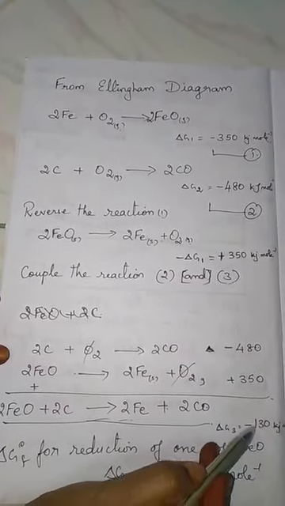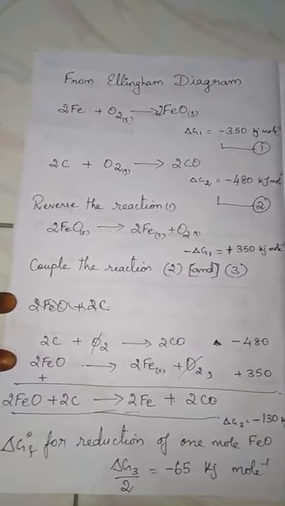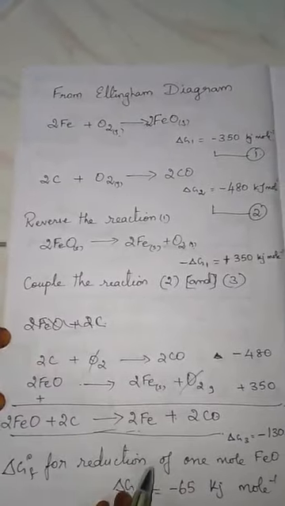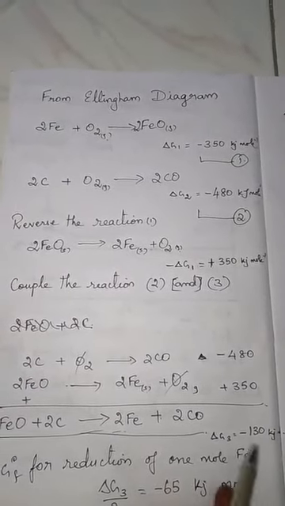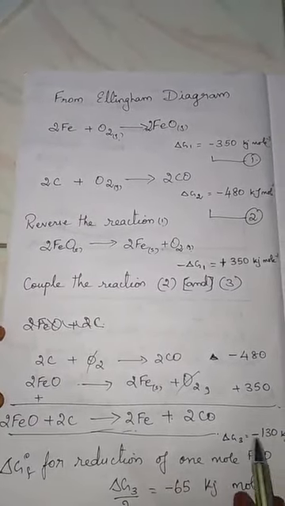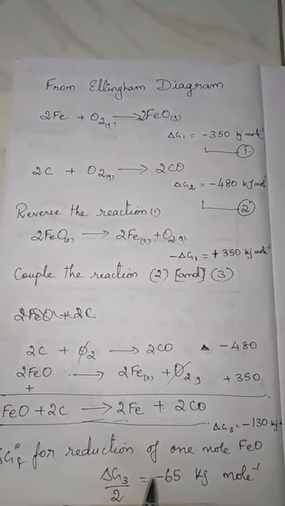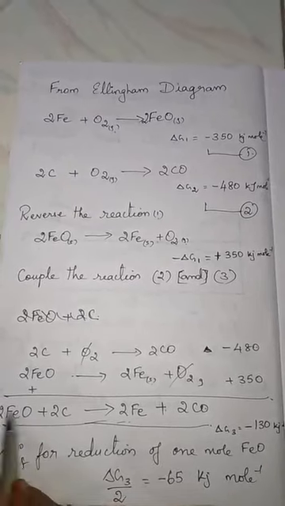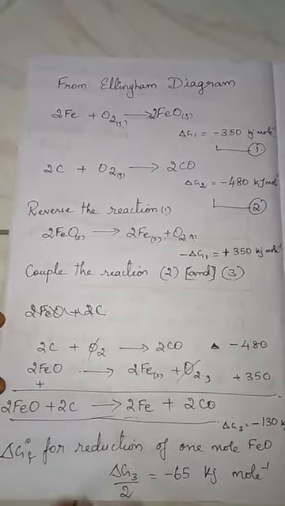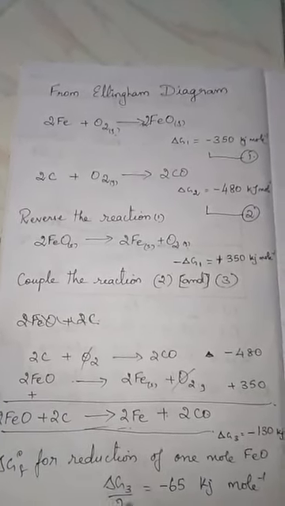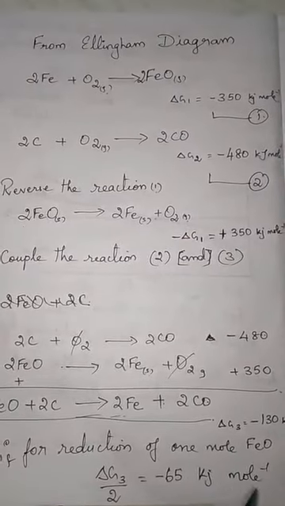So minus 130 kilojoules we obtained. See, delta G for the reduction of 1 mole of iron oxide is delta G3 by 2, equal to minus 65 kilojoules. This is for 2 moles, no? So we have to calculate for 1 mole. By 2 means minus 65 kilojoules per mole.